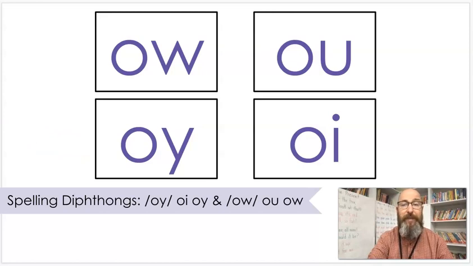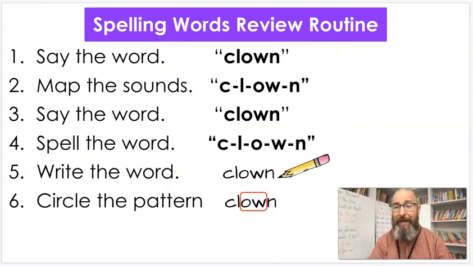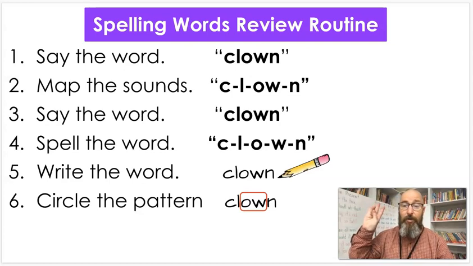All right, so now, as a reminder, we have a routine that we use every day when we are reviewing our words. We go through this whole process, and you can see the example right there on the board. The first thing we do is we say the word, and we'll say the word clown, so we'd all say clown. Then we'd map the sounds. K, l, ow, n.